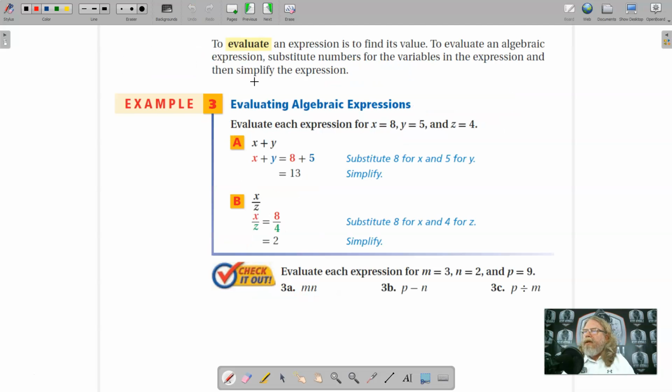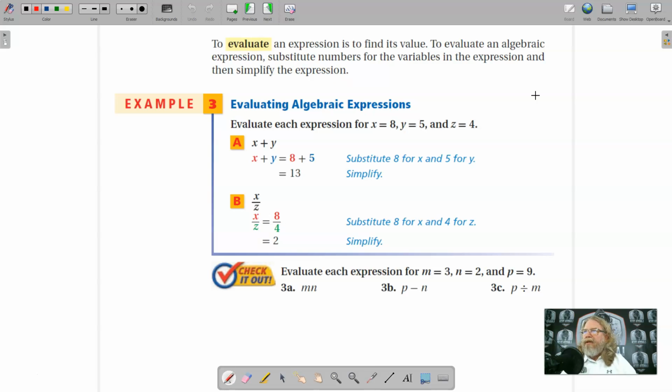Next, we're going to talk about what it means to evaluate. To evaluate an expression is to find its value. So whenever it says evaluate the following expressions, that means they want you to come down to a final numerical answer. To evaluate an algebraic expression, you have to substitute the numbers for the variables in the expression and then simplify the expression.